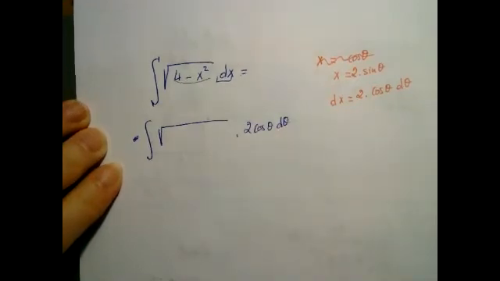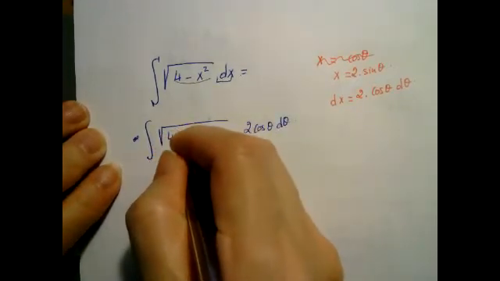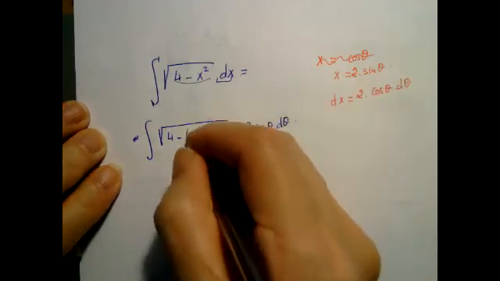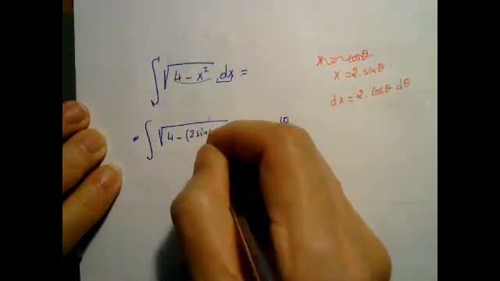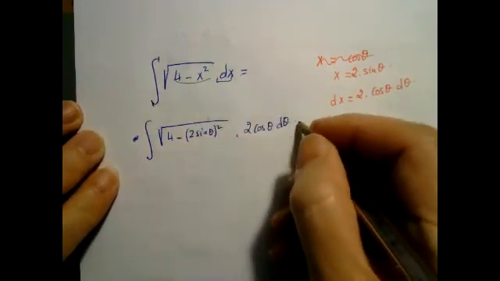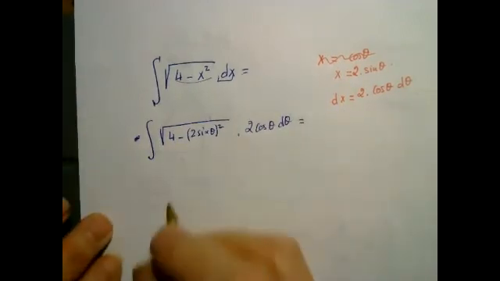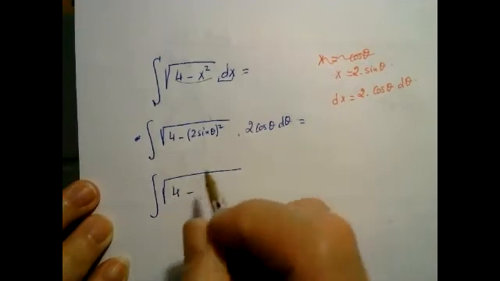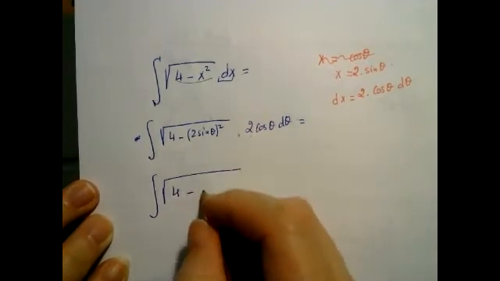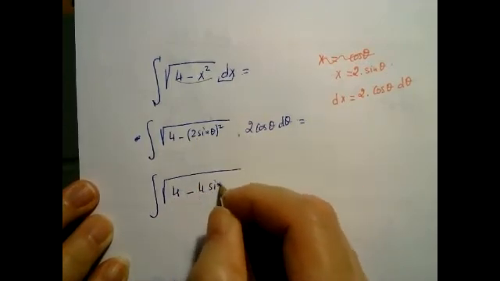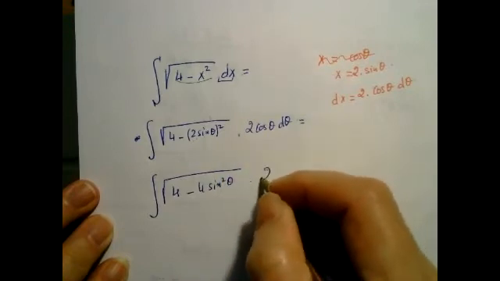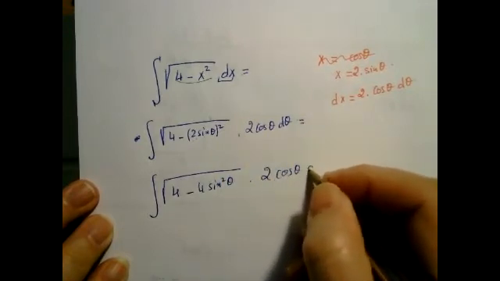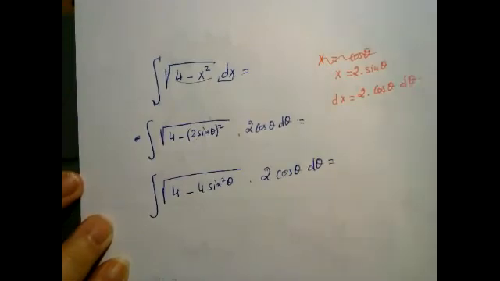All right, let's see what we get inside. We're getting 4 minus 2 sine theta squared. So verbatim the substitution, which is going to give me 4 minus 4 sine squared theta times 2 cosine theta d theta.